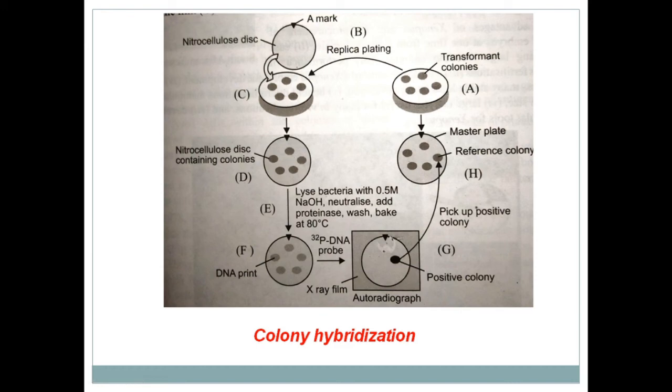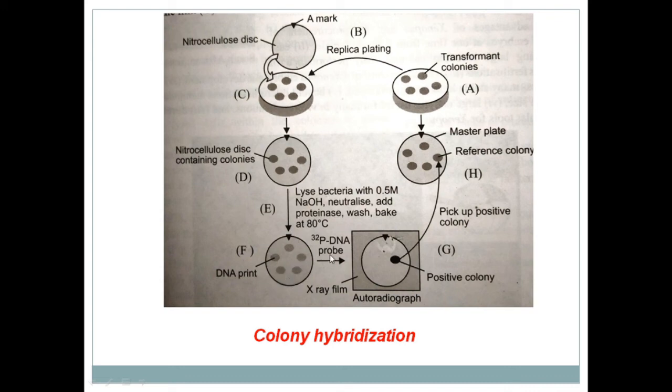Proteinase will degrade all the protein present in the colonies or the bacteria. Baking is for separating the double stranded DNA molecule into single stranded DNA. Now we will get a DNA print of these colonies on a nitrocellulose paper or disc.